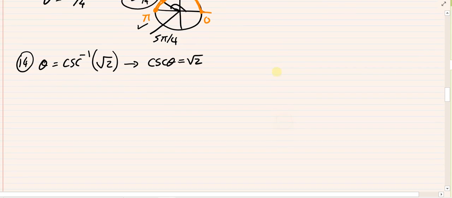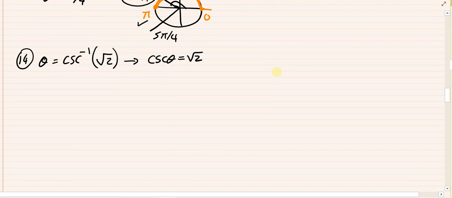Now, for cosecant, let me draw my circle. Cosecant is 1 over sine. So check this out. I'm going to draw my half circle. This is the range of inverse cosecant. It's going to be the same as sine inverse, because cosecant is 1 over sine.